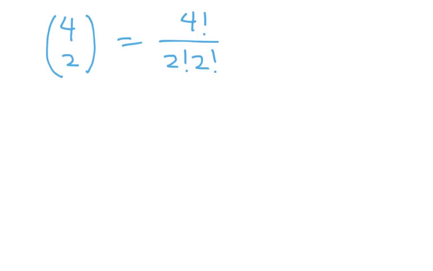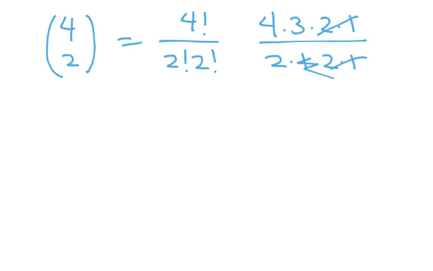All right, let's try another one. Let's try 4 choose 2. So that's going to be 4 factorial over 2 factorial times 2 factorial. You can write this as 4 times 3 times 2 times 1 over 2 times 1 times 2 times 1. These cancel. We don't care about that 1. 2 goes into 4 2 times.